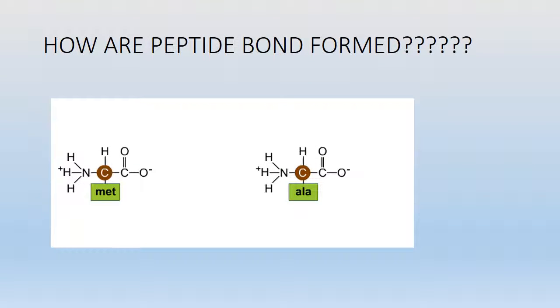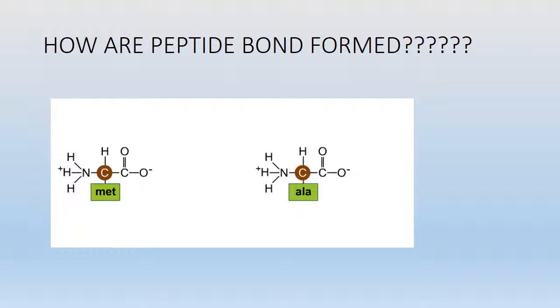Now after seeing what peptide bonds are, let us see how peptide bonds are formed. In this figure you are seeing two amino acids, one is methionine and the second is alanine.